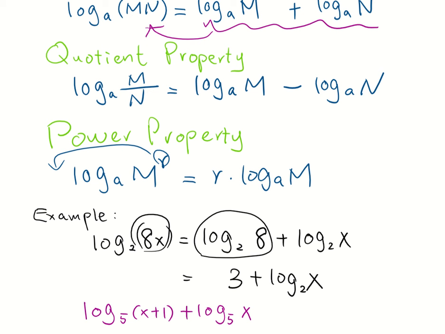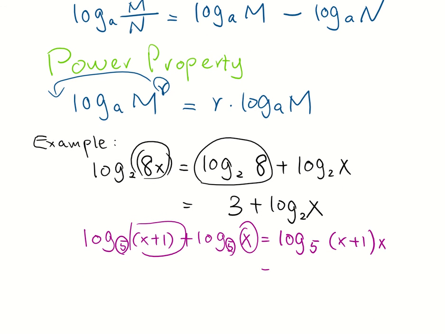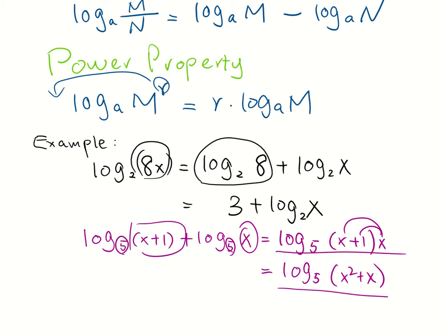So using the product property, since they have the same base 5, this is equal to log with base 5 of, we can multiply the two arguments together. So x plus 1 times x. And if you want, you can multiply. You will have log with base 5 of x squared plus x, but you don't have to. You can just leave your answer either like this or this is good too.